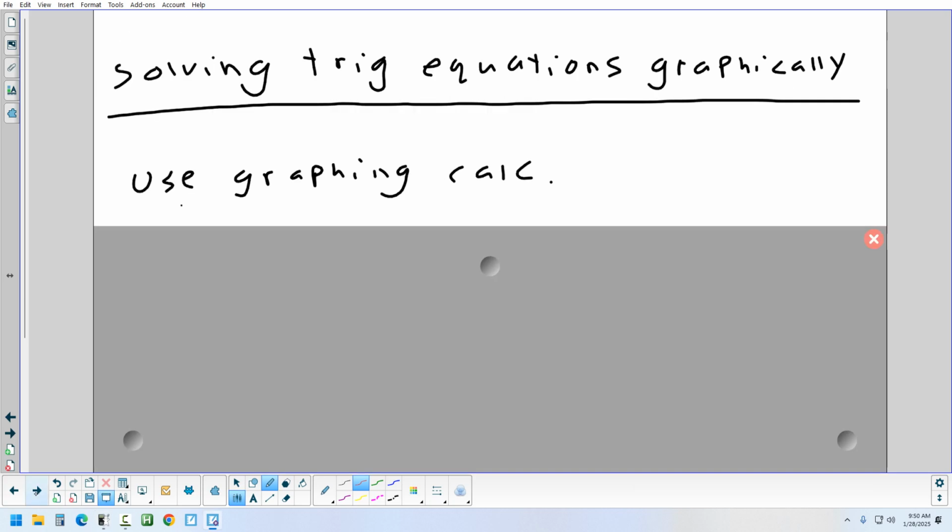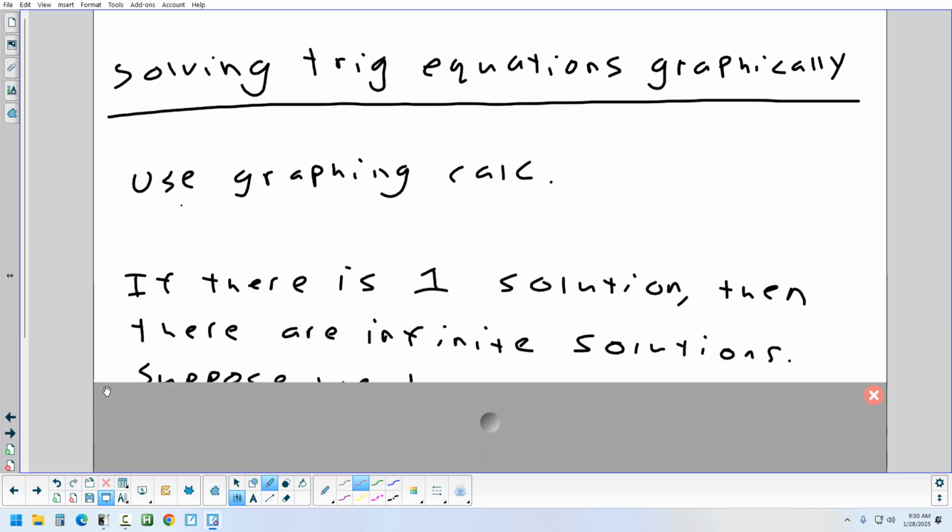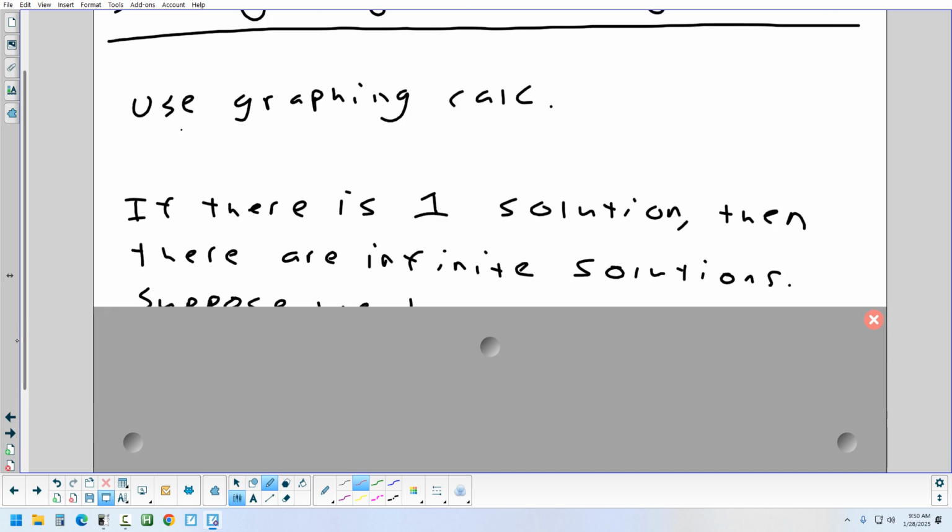All right, so now let's apply that same idea to finding a solution, like we just did with an asymptote. If you can find one solution to a trig equation, then that solution is going to repeat forever. Yesterday, we did not write the answer that way. I gave you a window, and I said find all the answers between 0 and 2 pi.